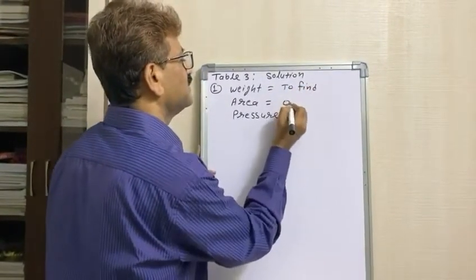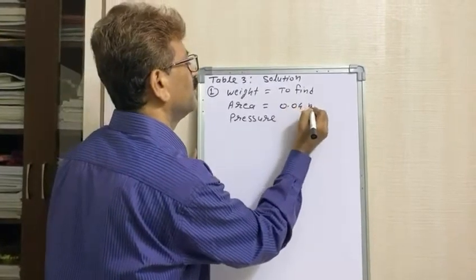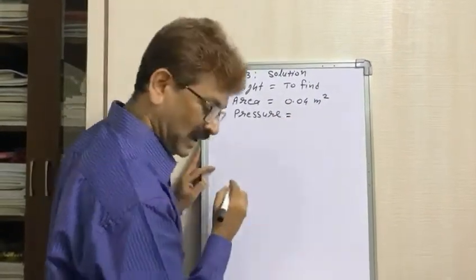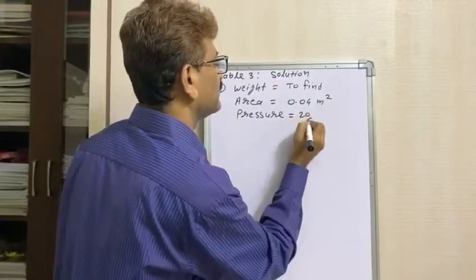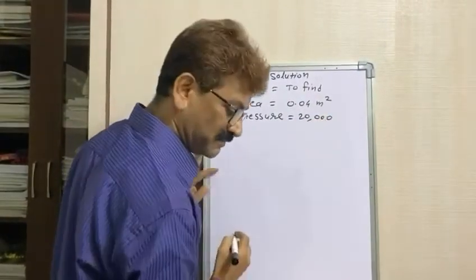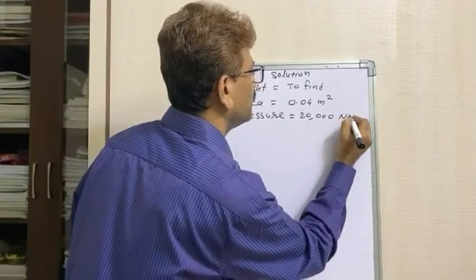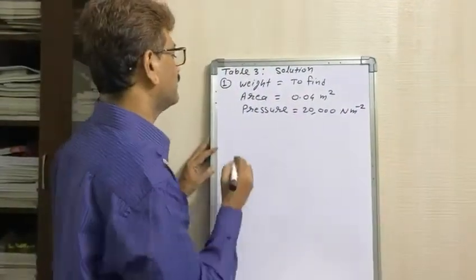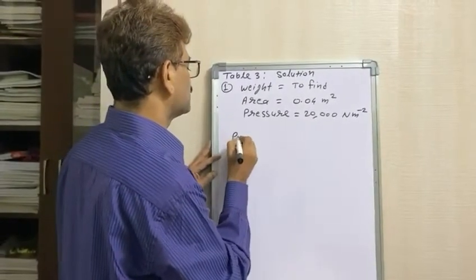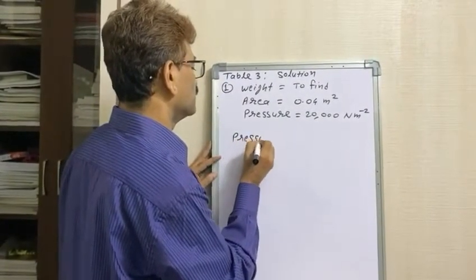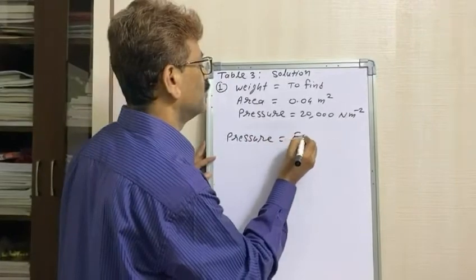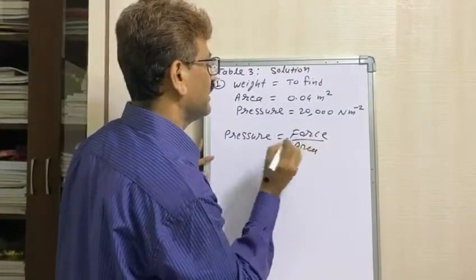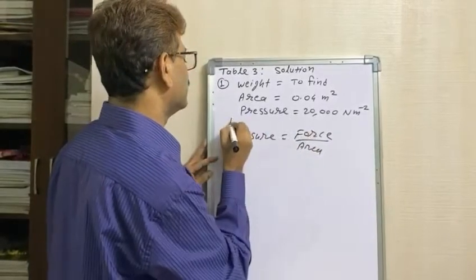Area is given, 0.04 meters square, and pressure is 20,000 Newton per meter square. Now here we apply the formula: pressure equals force upon area.